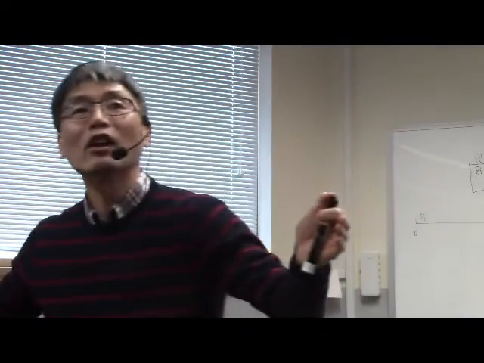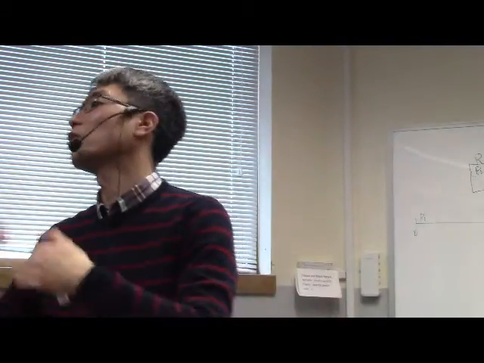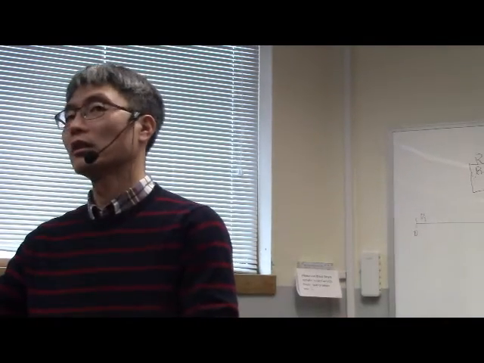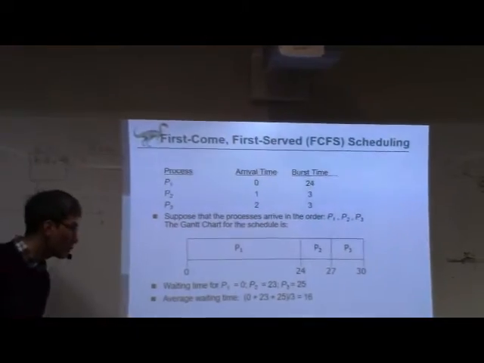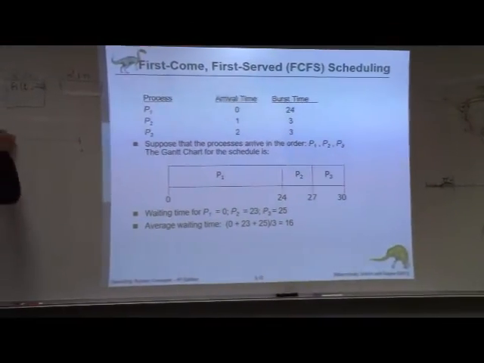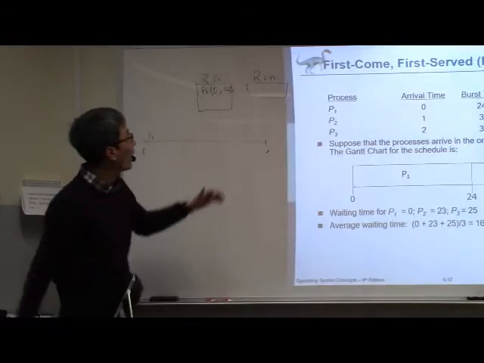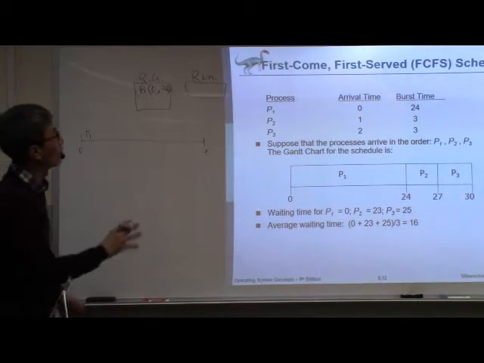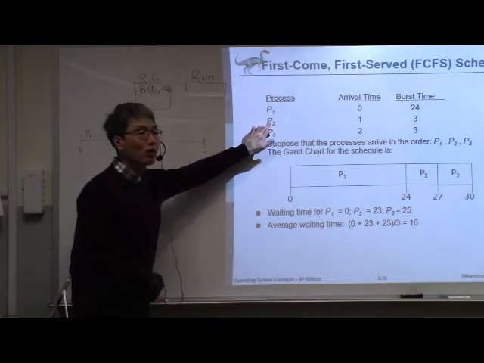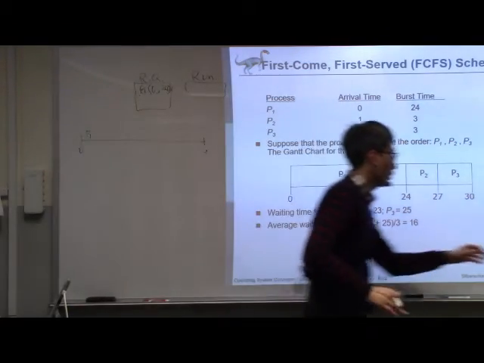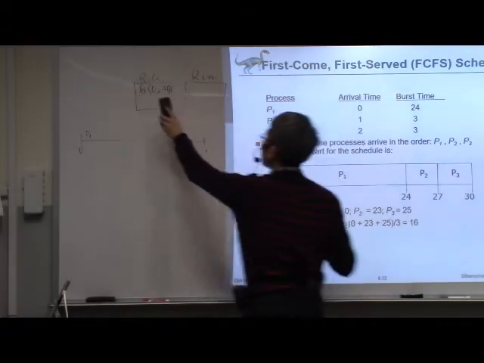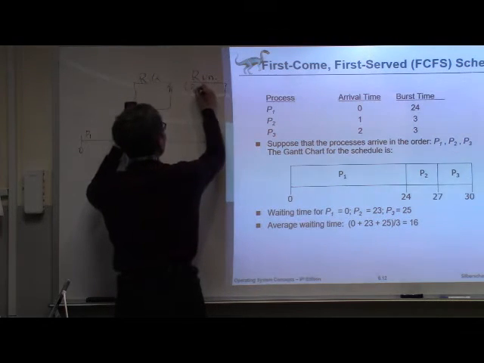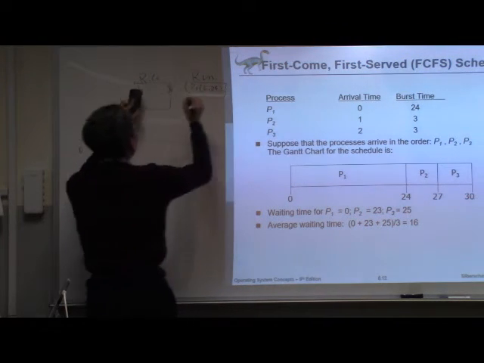Which means once a process is started, it should be completed, because you cannot guarantee preemption. So first, this is a non-preemptive solution, so we need to run until the end of the process. Meanwhile, process 2 comes, we need to update this one. P1 is here, 0, 24, right?